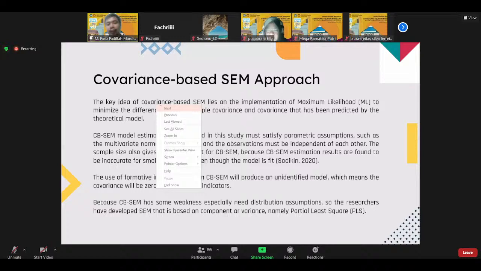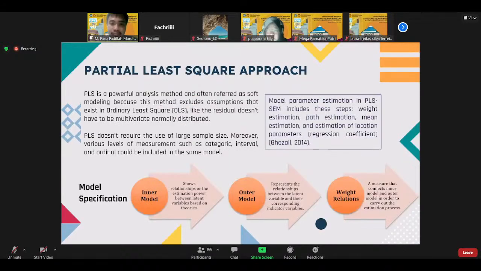PLS is a powerful analysis method, often referred to as soft modeling, because this method excludes assumptions that exist in ordinary least squares, like the residual having to be normally distributed.